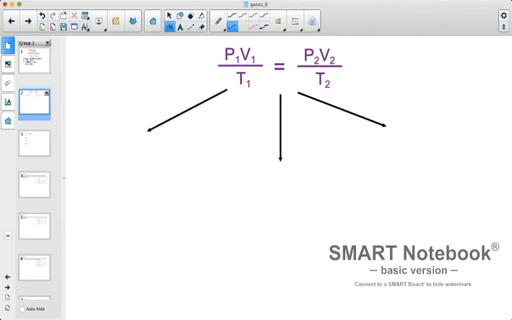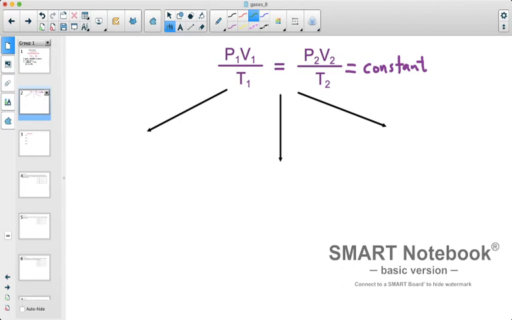In order to understand this, the first thing we have to realize is that P1 times V1 divided by T1 equals P2 times V2 divided by T2 still equals a constant, just like we learned before. As long as we know that the beginning and after are equal to a constant, we can keep certain variables constant as well.